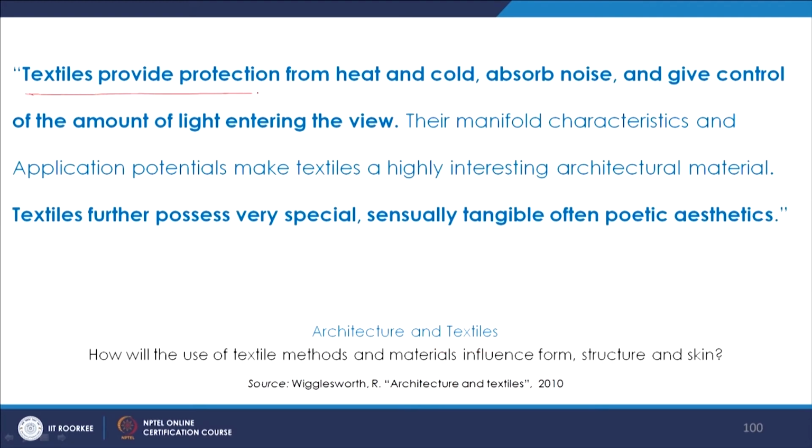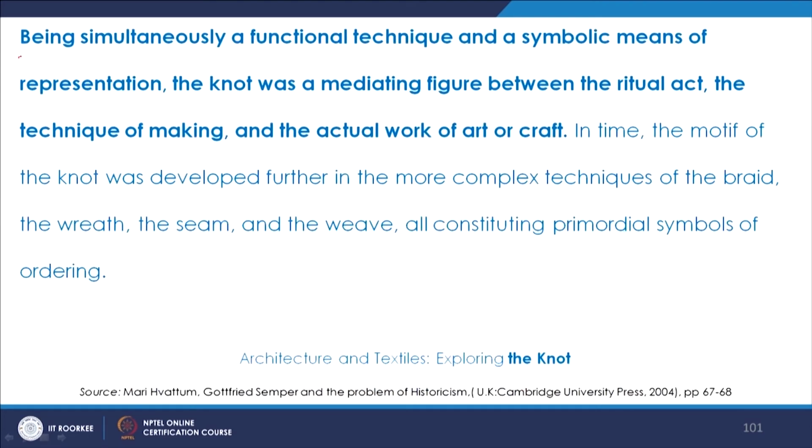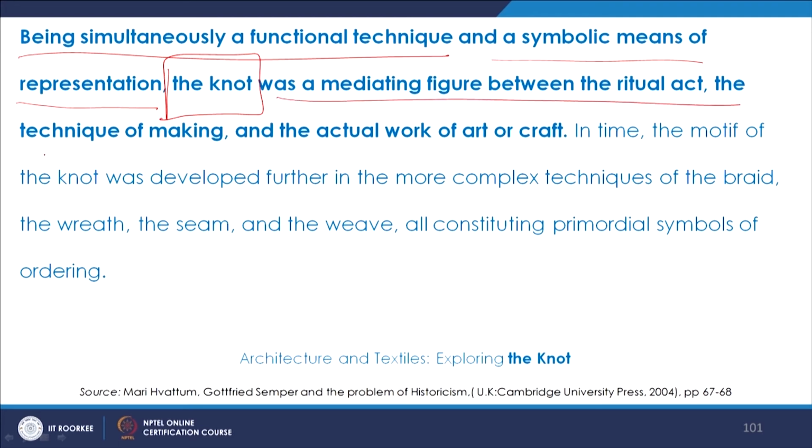Also, textiles provide protection from heat and cold, absorb noise, and give control of the amount of light entering the view. Textiles further possess very special, sensually tangible, often poetic aesthetics. Then, being simultaneously a functional technique and a symbolic means of representation, the knot was a mediating figure between the ritual act, the technique of making, and the actual work of art or craft.